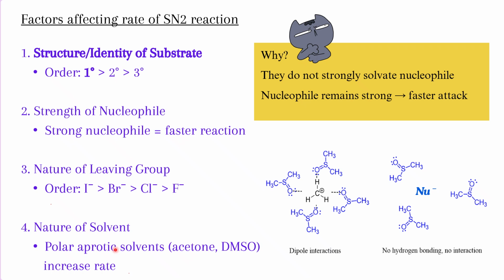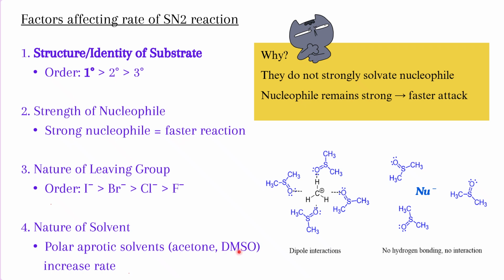Such a hydrogen atom which is directly attached to strongly electronegative atoms like oxygen, nitrogen, and fluorine. That particular hydrogen is called the acidic hydrogen. Okay, so if we do not have that particular hydrogen present in our molecule, we call it aprotic. So if our solvent is polar and also aprotic, like for example acetone and DMSO.